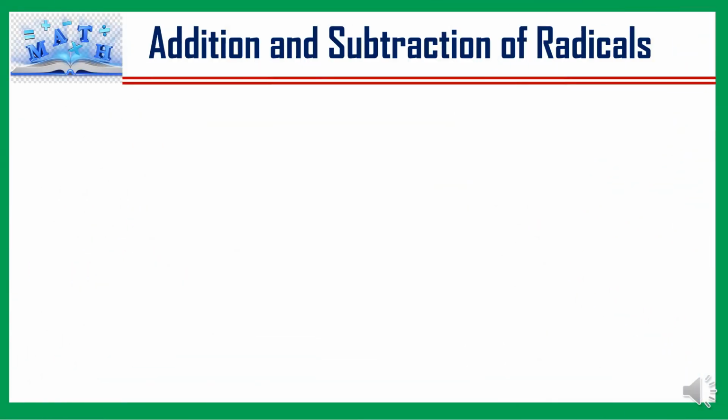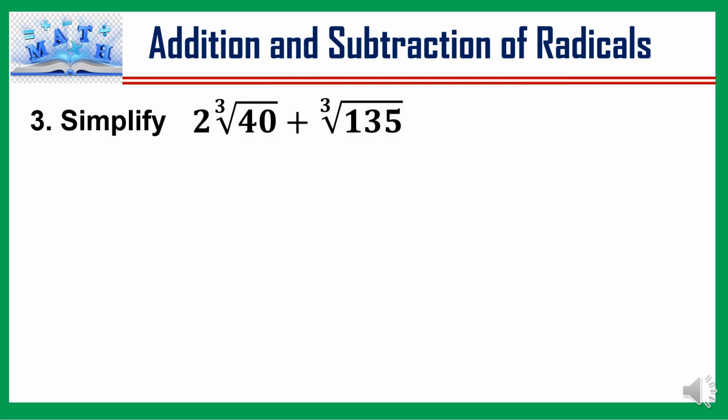Okay, so now let's have our example number 3 for addition and subtraction of radicals. So, simplify 2 cube root of 40 plus cube root of 135. So, yung first rule natin in addition and subtraction of radicals is to take a look if we have the same radicals, and then we're going to combine the like radicals by copying the like radicals and then simplify the terms outside the radical symbol.